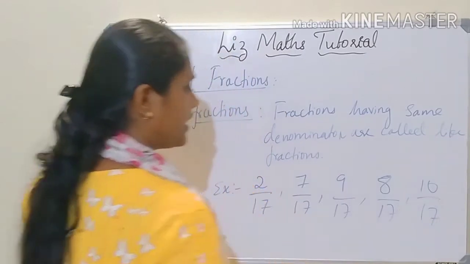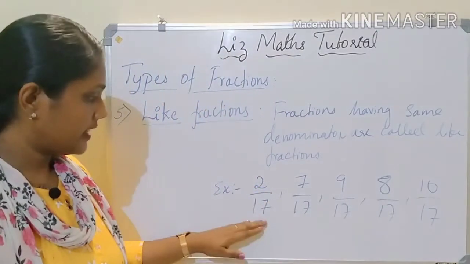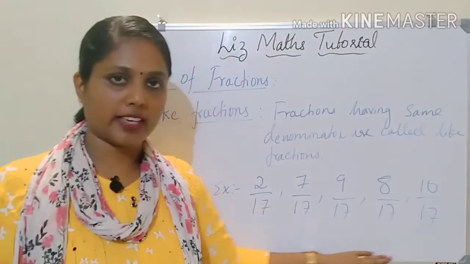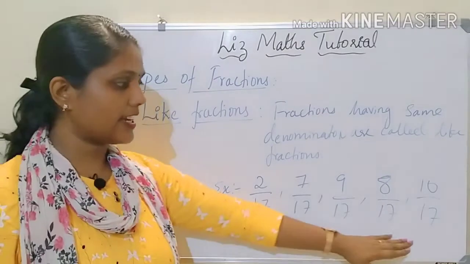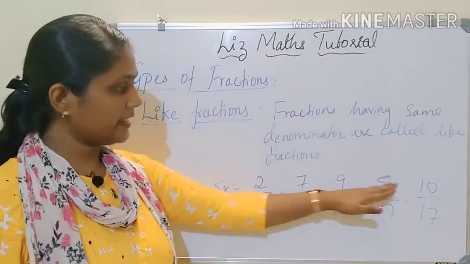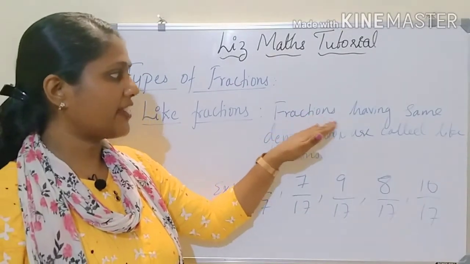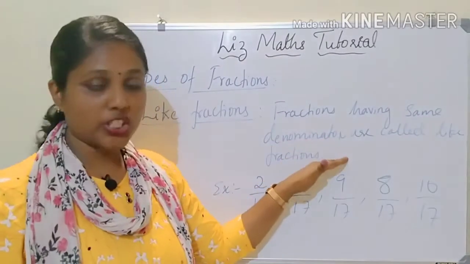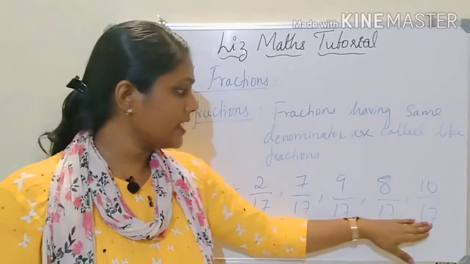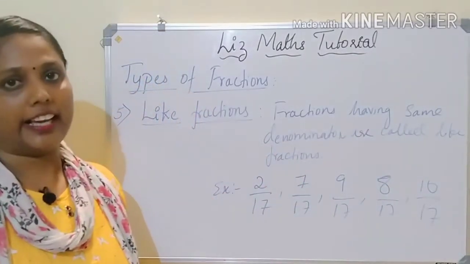Here you can find the denominators are the same, isn't it? The denominators are 17 and the numerators are different numbers. So the definition says the fractions having the same denominator are called like fractions.